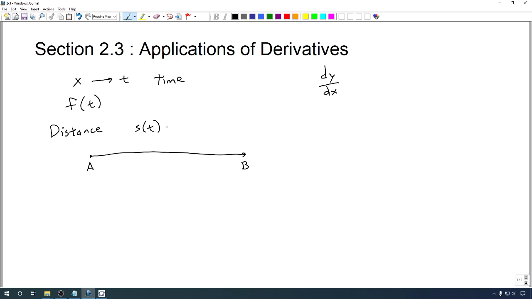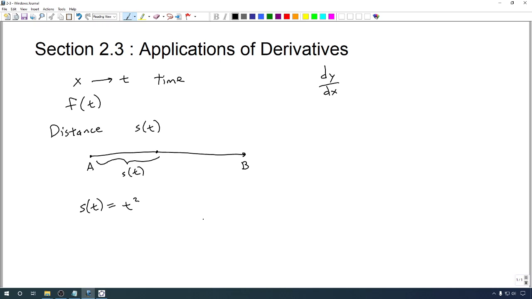But we have some function, so at say time t equals whatever, we're at some other point along here, and the distance from A to that point is given by this distance function. For an example's sake, let's say we're just going to use s of t equals t squared. It's an easy enough function to work with for now.